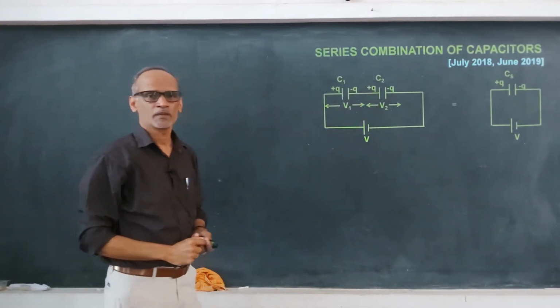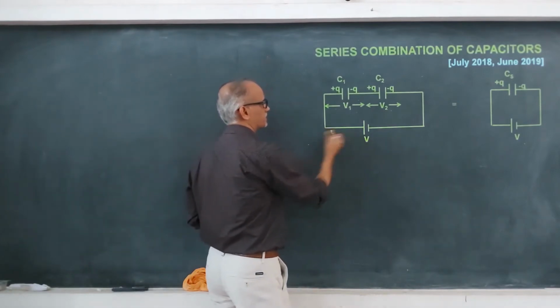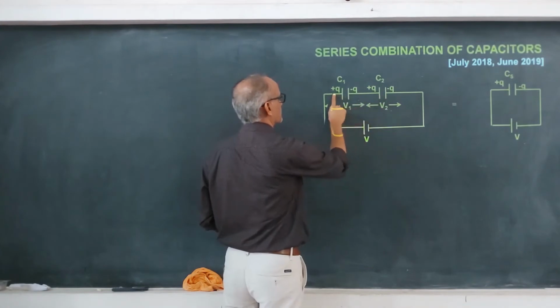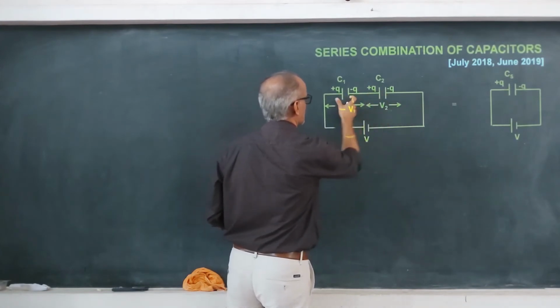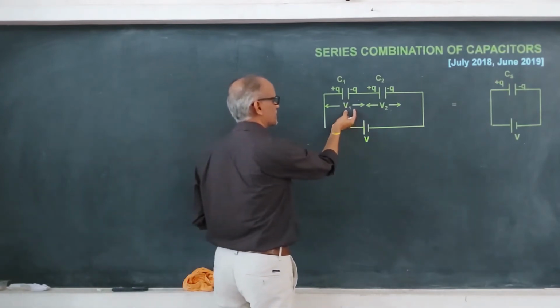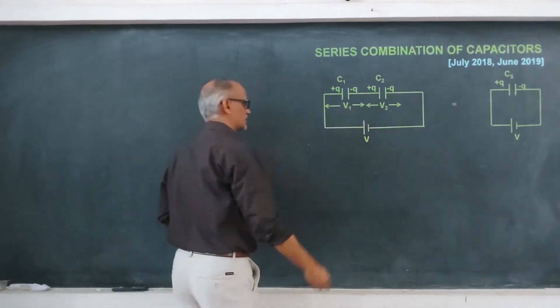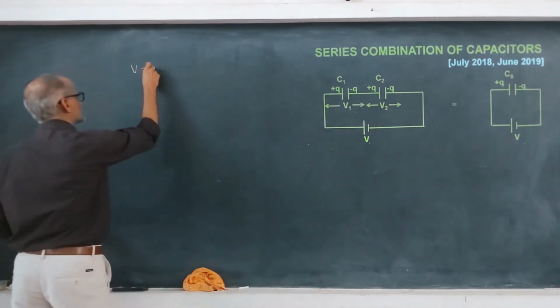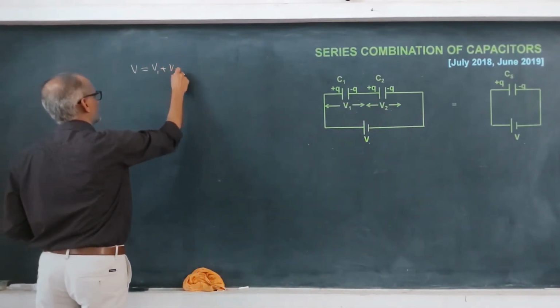Potential difference is V. Both the capacitors get charged equally. You can see plus Q minus Q, plus Q minus Q. Charges are the same on both the capacitors. Potential difference is not the same, which is V1 and V2, such that V is equal to V1 plus V2. So this is the first equation: V is equal to V1 plus V2.